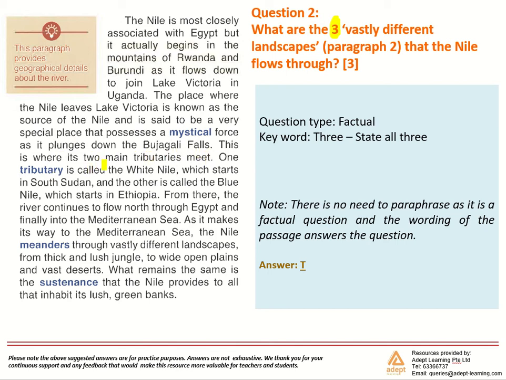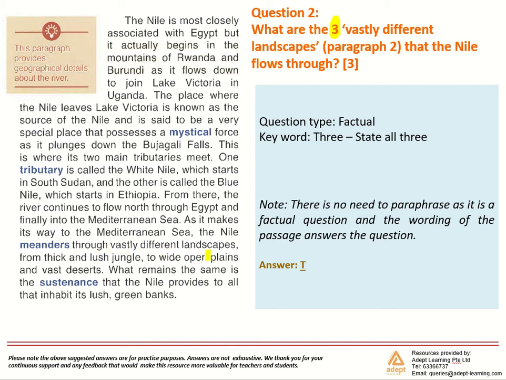This is where the two main tributaries meet. One tributary is called the White Nile, which starts in South Sudan, and the other is called the Blue Nile, which starts in Ethiopia. From there, the river continues to flow north through Egypt and finally into the Mediterranean Sea. As it makes its way to the Mediterranean Sea, the Nile meanders through vastly different landscapes.